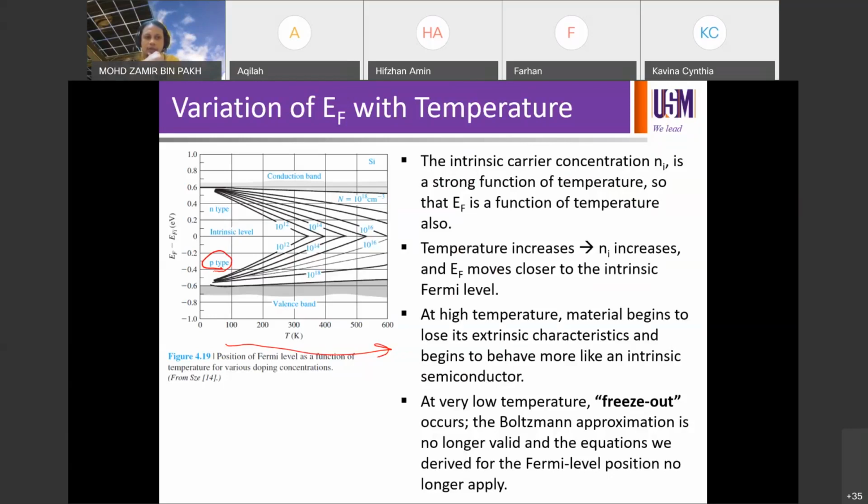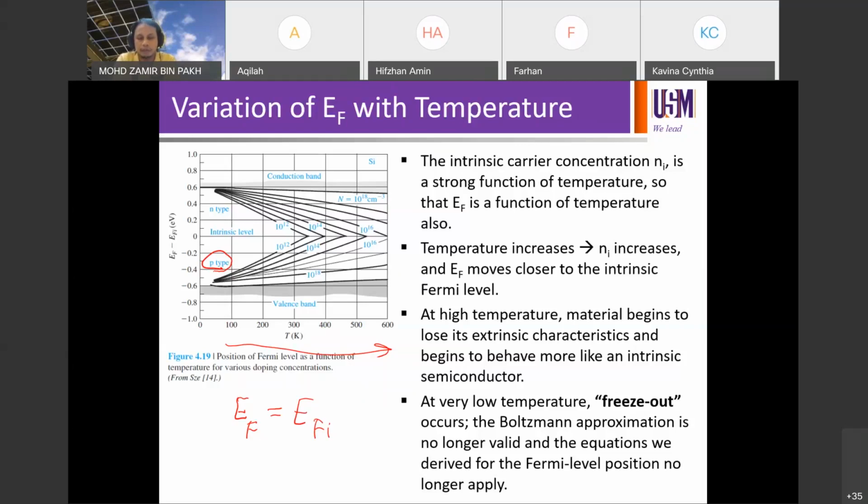That means when your y-axis is 0, or in the middle, your EF minus EF intrinsic is 0. When the Fermi level of your silicon is equal to the intrinsic Fermi level, then EF minus EF intrinsic will be equal to 0, because on the y-axis we are plotting EF minus EF intrinsic. So that means EF is equal to EF intrinsic.